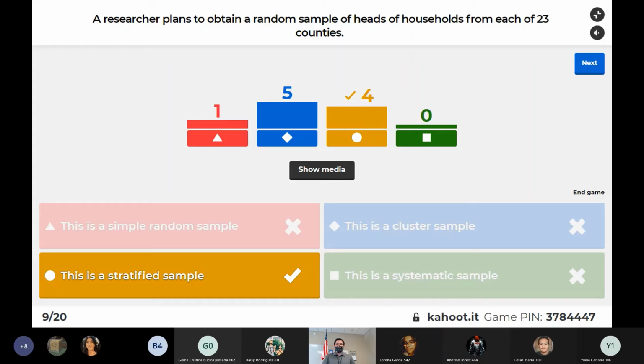And the systematic sample would be saying, like, okay, if we label everyone from 1 to 10,000, however many people are in the counties, every third person will be part of the sample. That's a systematic sampling. Right, so this is a stratified sample because they're put into strata, the 23 counties, and from each county, we're obtaining a sample. So there's an SRS for each of the 23 counties.